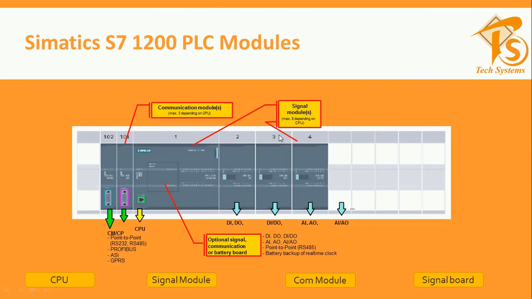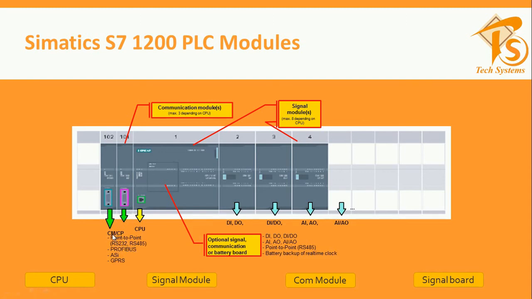So this is the communication module, and this is the signal module, DIDO, and this is the combination of digital input, digital output, analog input, analog output, and this is the optional signal communication and the battery board. This is your CPU, and this is the communication processor or communication module.